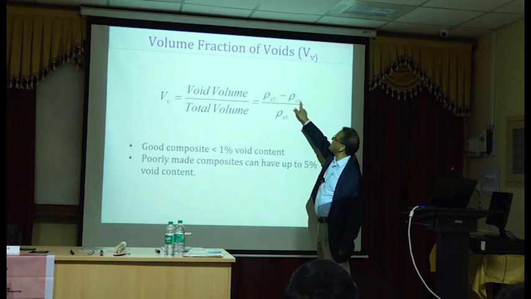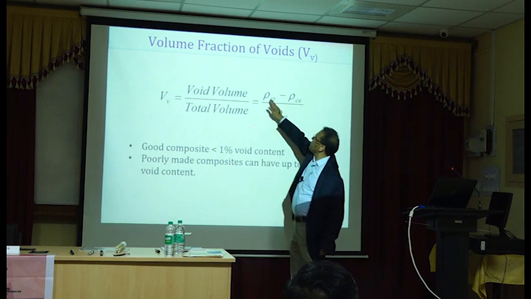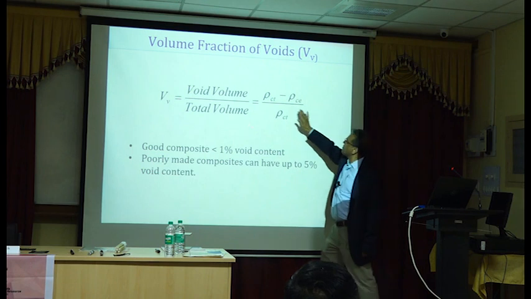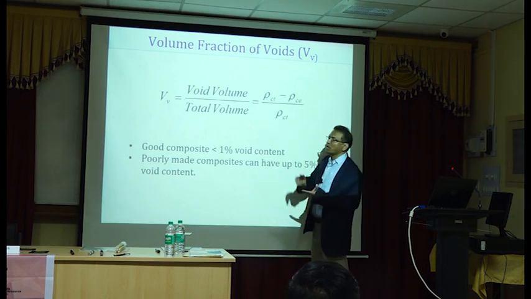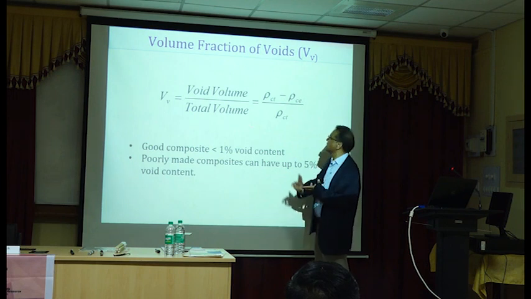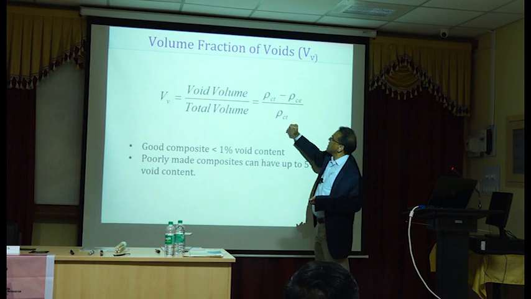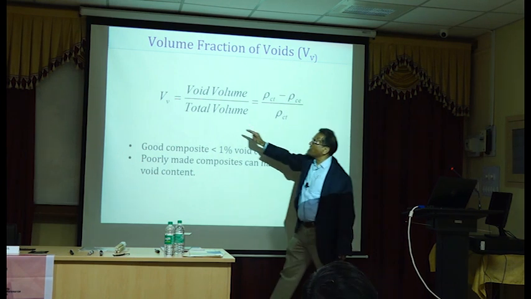C for composite, E for experiment. So there will almost always, invariably, be some difference between these two numbers. One is by theory, the other one is by experiments. So you determine the density by experiments and then use this expression to find out the void volume fraction.